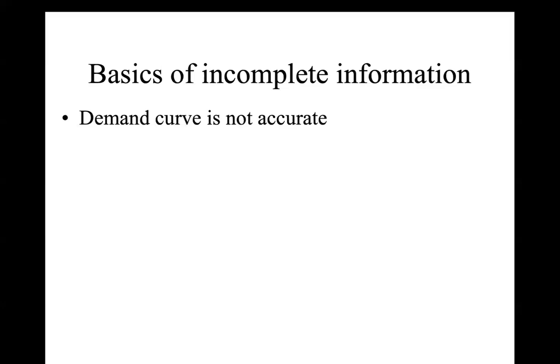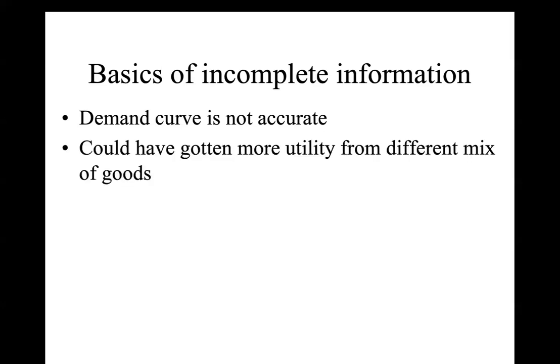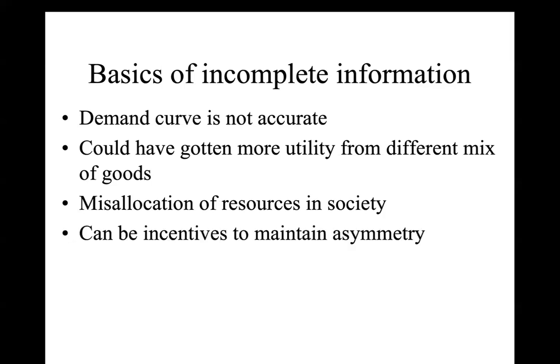Or on the flip side of that, I'm going to assign too little value to something that might be valuable, right? And so I choose not to engage with something that could be a quality option when allocating resources. So my demand curve isn't accurate if I can't adequately assess the relationship between price and quality. Okay, which means that I'm going to allocate my resources to somewhat of an inaccurate bundle of goods and services where I could have chosen something different that would have provided more utility.